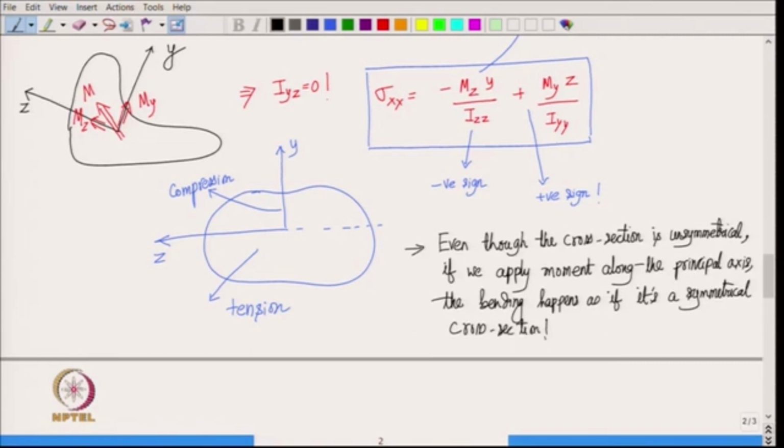Which means that the formula for bending stress is just like the one for the symmetrical cross section, and further that the neutral axis is then aligned with the direction of the applied bending moment.